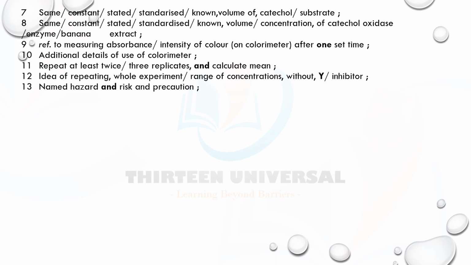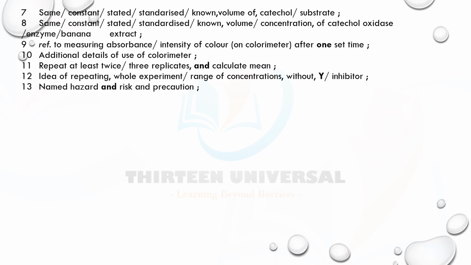See, number 7: same constant standardized known volume of catechol, same known volume of catechol oxidase. So same volume of both substrate catechol and enzyme catechol oxidase. That's very important. 9. So measure the absorbance, the intensity of color, at one set time. Additional details of the colorimeter: how to reset the colorimeter, set the wavelength and the absorbance.